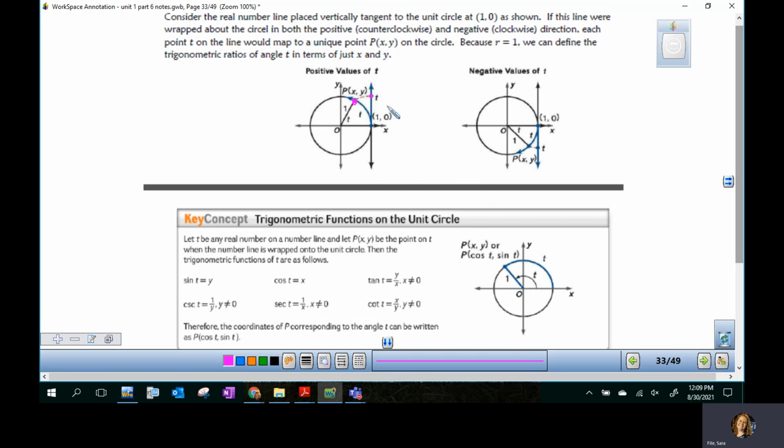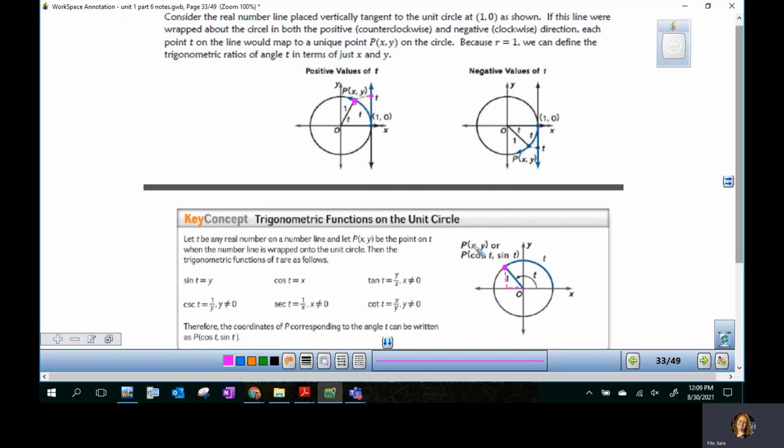So whatever that number T is on the number line, that is the angle measure. Okay, does that make sense? Kind of, sort of. Now, if this is on the unit circle, we know that the radius is 1.